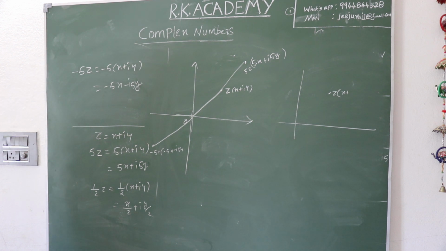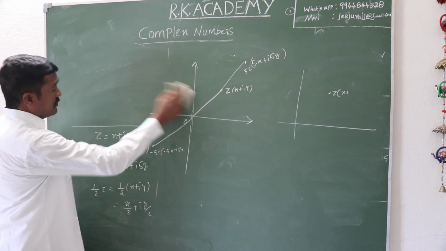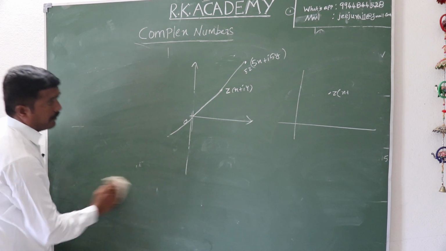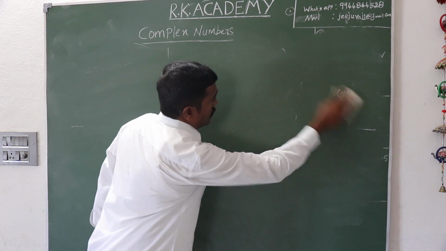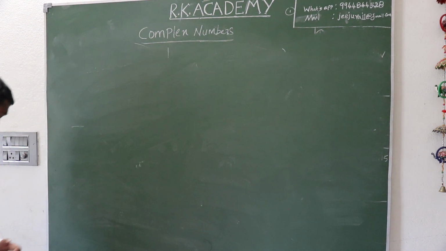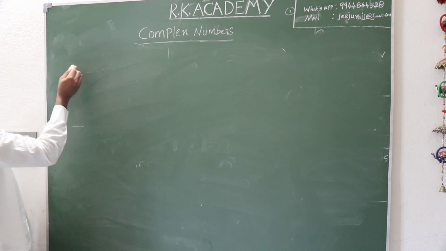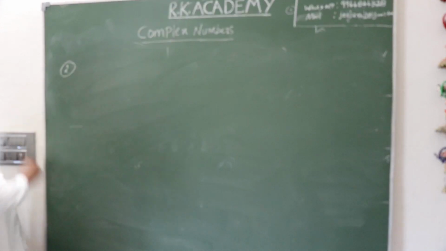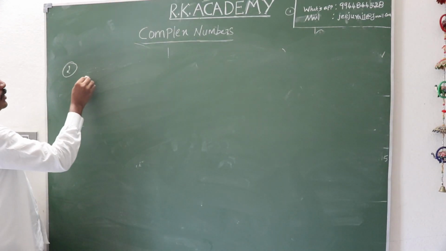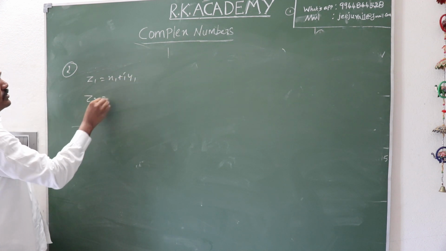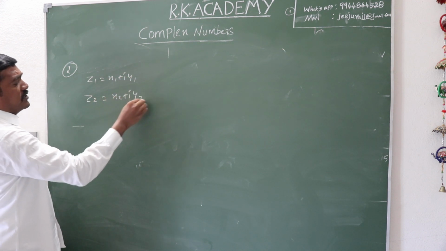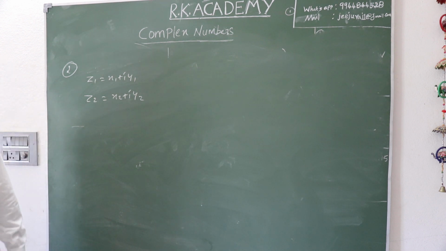Now the next one, addition of complex numbers. It's a very important thing, how to add two complex numbers. Now z1 equal to x1 plus iy1, z2 is equal to x2 plus iy2. They are two complex numbers.